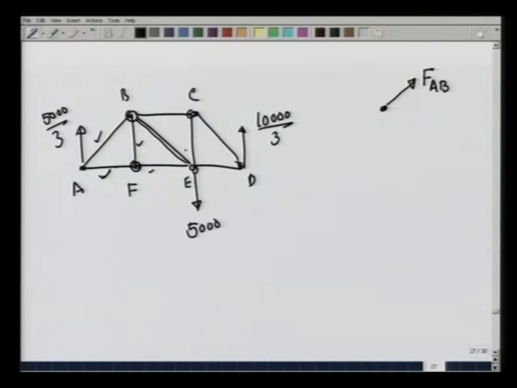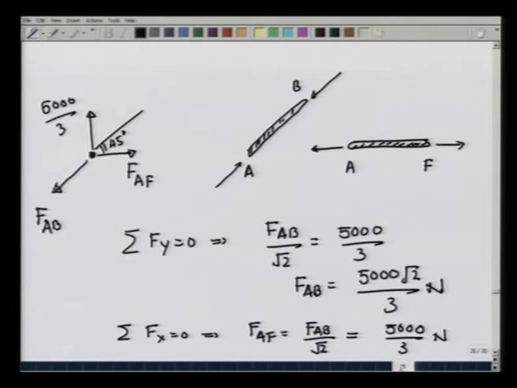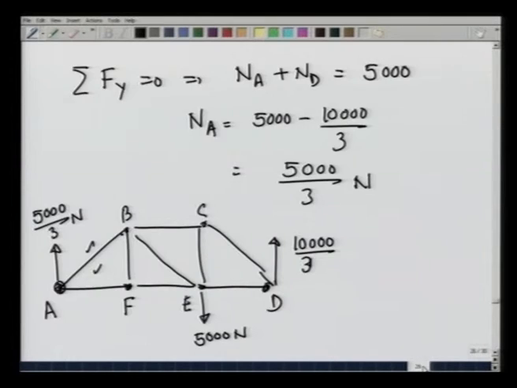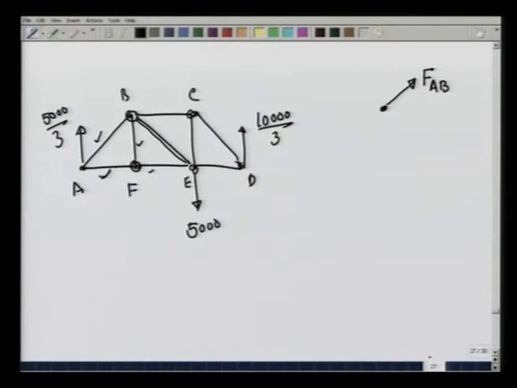There is a rod like this. And there is a force BF, let us call it FBF, there is a force FBE and there is a force FBC.